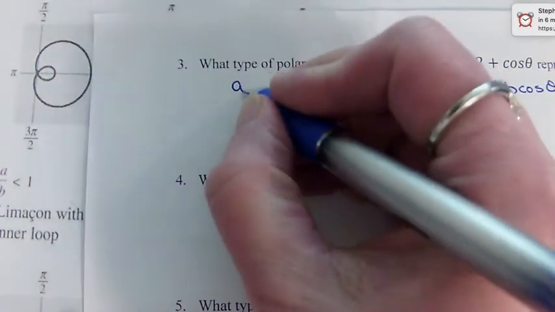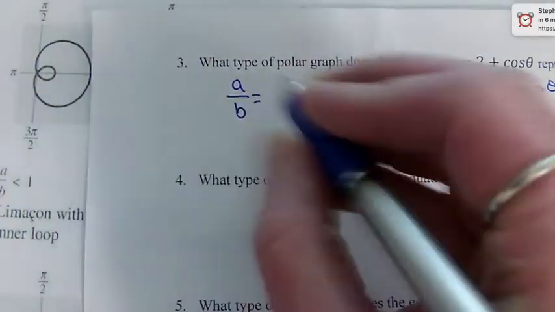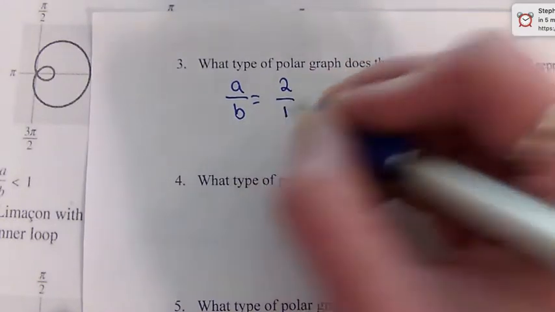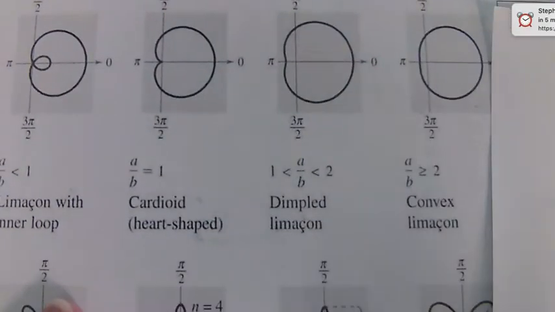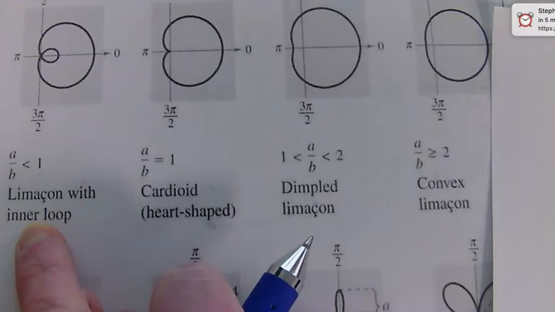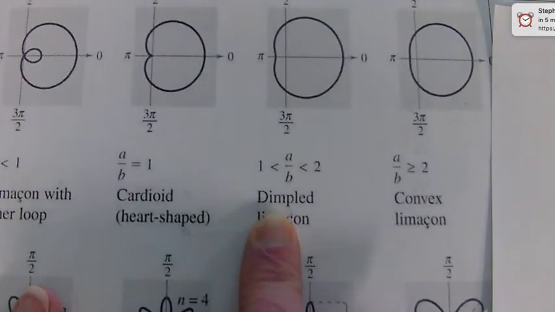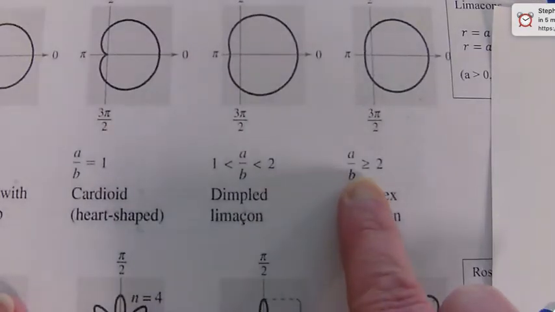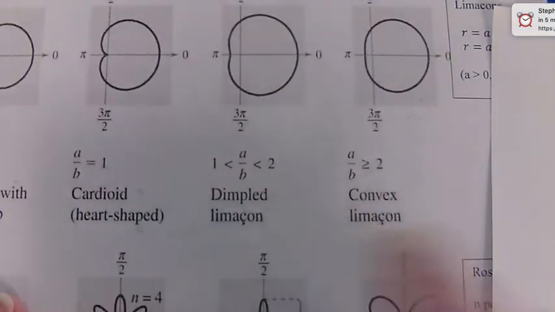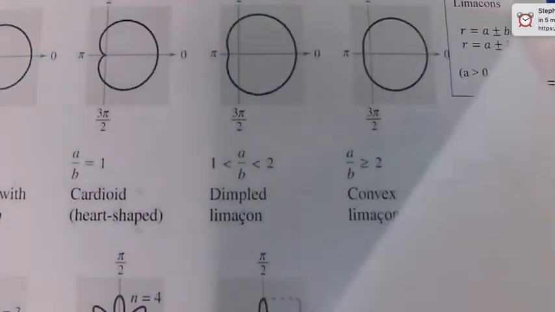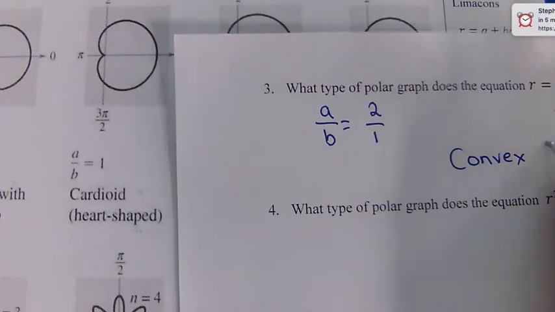So A divided by B is going to be 2 divided by 1. So it's this if it's less than 1. It's this if it is 1. If it's between 1 and 2, it's dimpled. If it's greater than or equal to 2, I'm going to have a convex limacon.